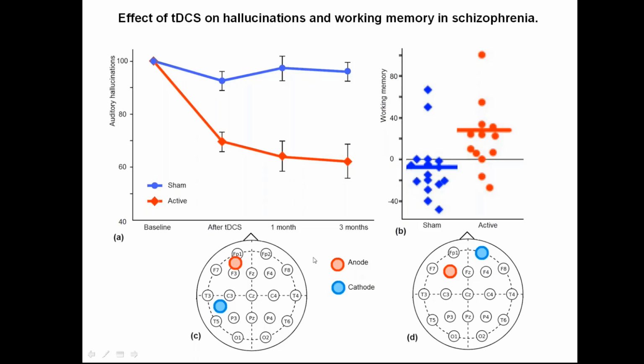In both cases, stimulation was actually placed on the left prefrontal cortex. The location was a little bit different, and the cathode was placed in different electrode positions, but basically the left prefrontal lobe activation made the difference in hallucination and improved the working memory.